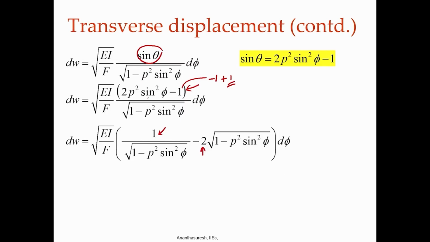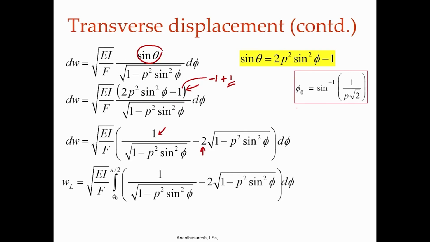So, this is minus 2 times 2 p square sin square phi minus 2 or 2 times p square sin square phi minus 1, and 2 is here with a minus sign. Since there is square root of the same quantity downstairs, that becomes square root of 1 minus p square sin square phi.